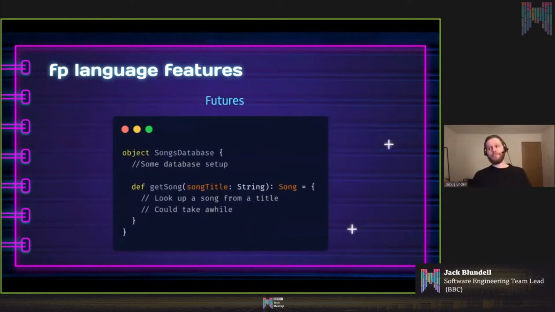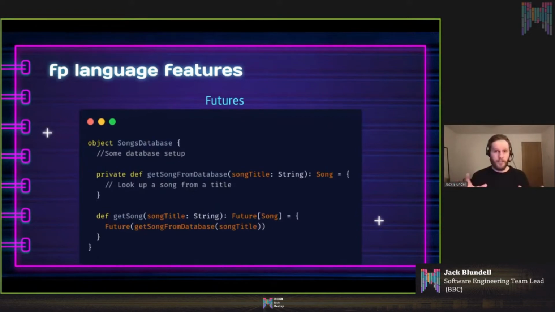Another example: we've got a songs database here, and we're calling off to that, but we don't know how long it's going to take. It might take ages. So how do we run this asynchronously in a functional world? Scala Future is another type of container, and this is one where we can execute code in an asynchronous fashion. This is similar to JavaScript promises, if you've come across those, and it's how we create concurrent and parallel code in Scala.